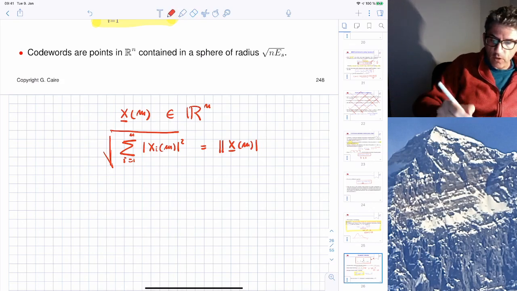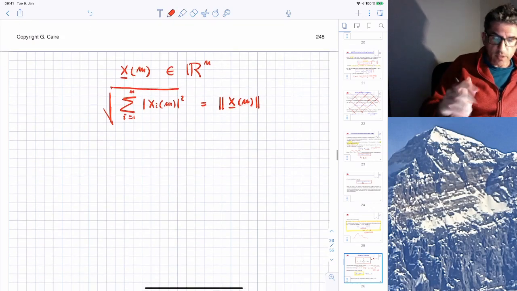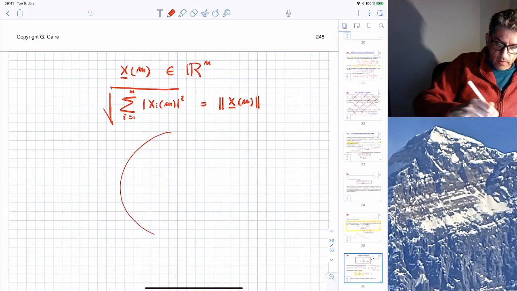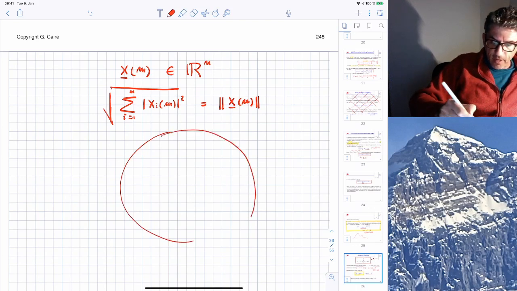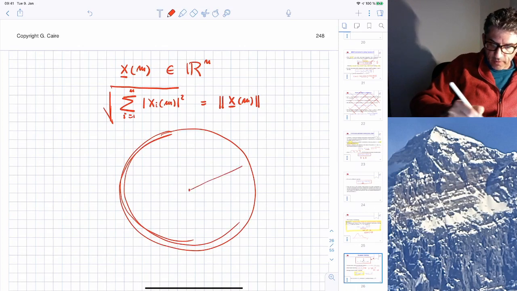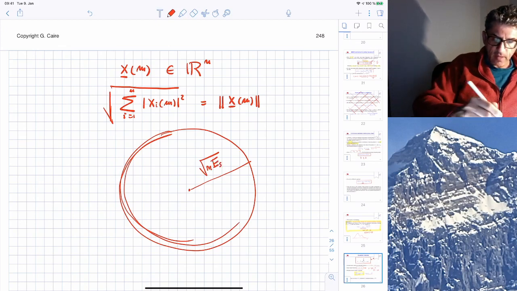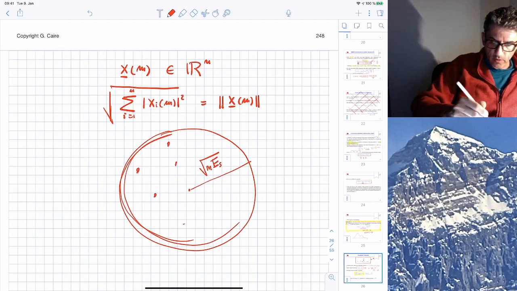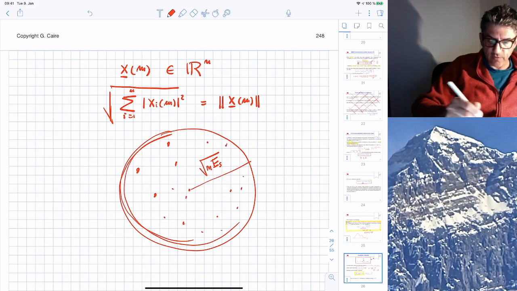Okay, so this means that in an n-dimensional space there is a sphere of radius square root of n times Es, and the code words are points on the surface of this sphere, or in fact the points inside the sphere.